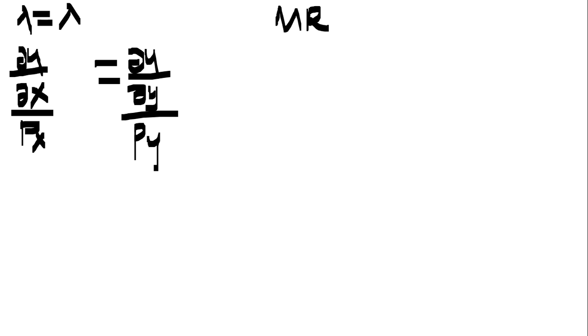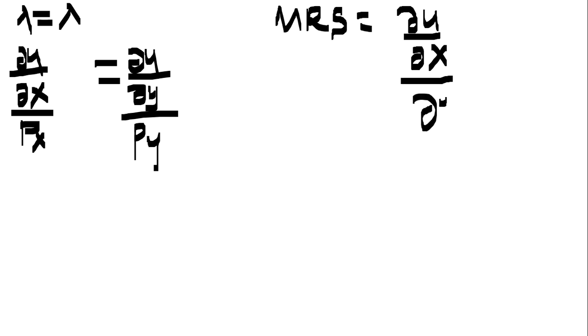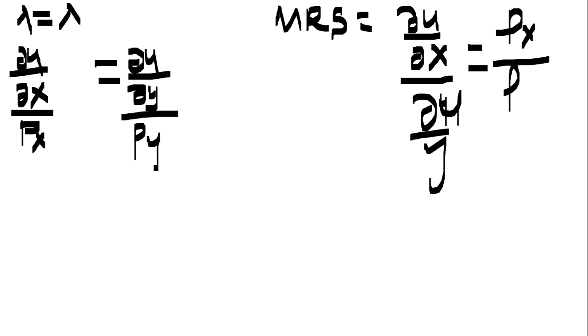The marginal rate of substitution is equal to the partial of u with respect to x over the partial of u with respect to y, and this should equal the price of good x divided by the price of good y.